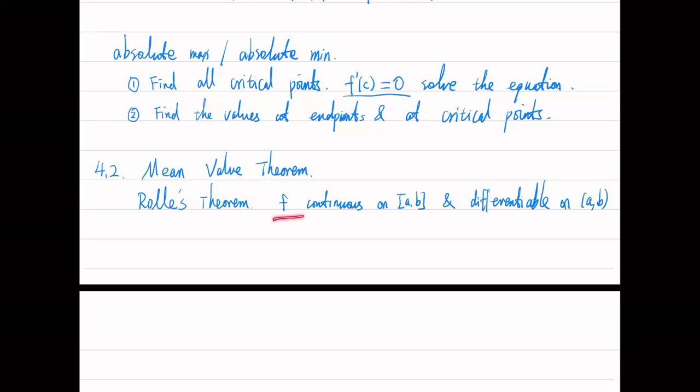Recall that a function is continuous on an interval if it's continuous at every point in this interval. It's differentiable on the interval if it has a derivative at every point on the interval.